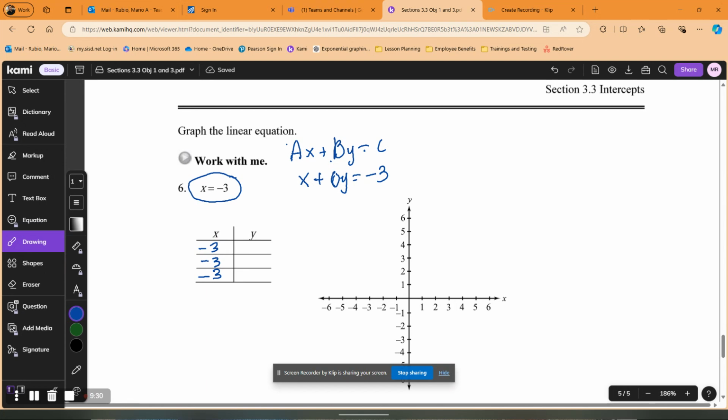So if b is 0, this has to be 0 in order for x to equal negative 3. So these all have to be 0. X equals negative 3.